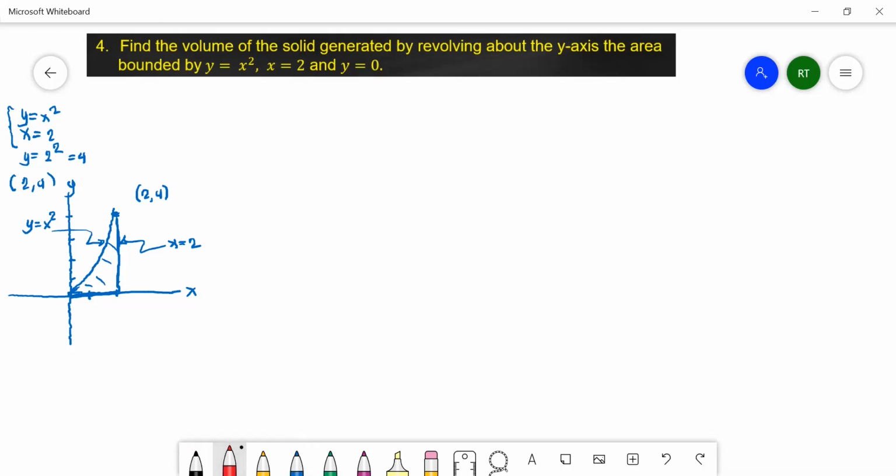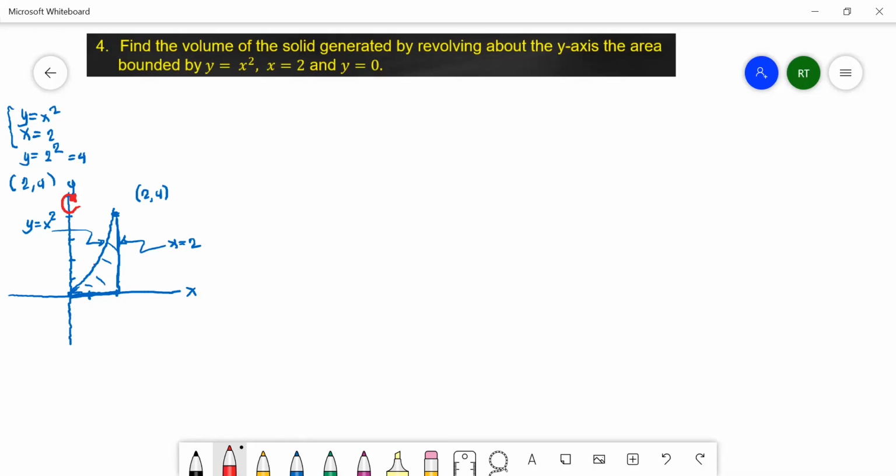y-axis. Hence, we shall draw a circular arrow here on the y-axis to indicate that it is the axis of revolution. And since the region R touches the axis of revolution only at one point, of course, at (0, 0), then we have to use an element perpendicular to the y-axis.